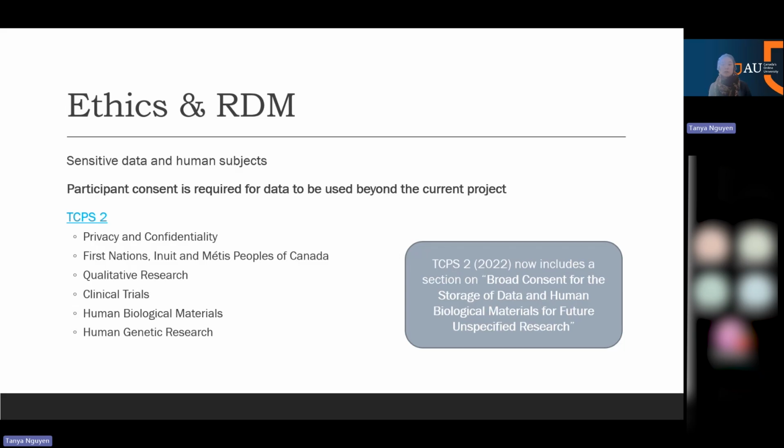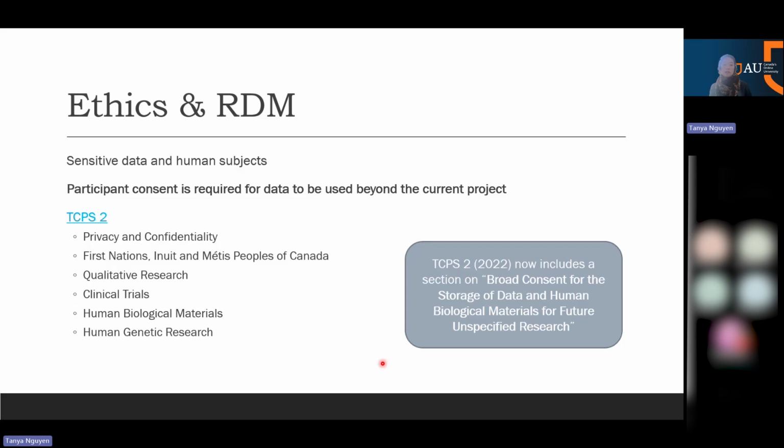Participant consent is required if data is to be used beyond the current project. Your ethics approval, when you apply for it, is typically project-based. But if you're thinking about sharing or reusing that data, you have to plan that early on.